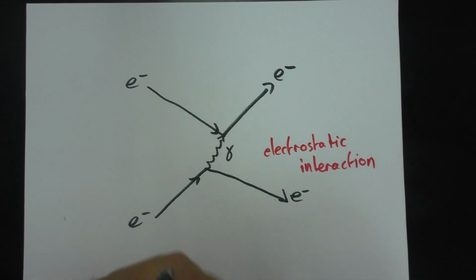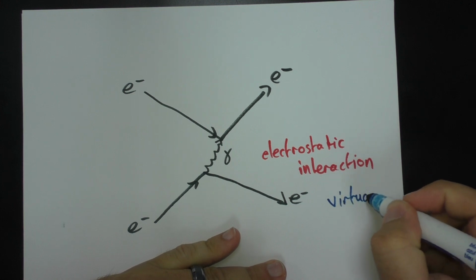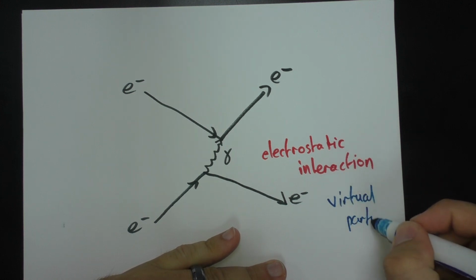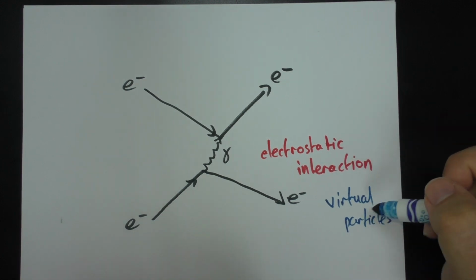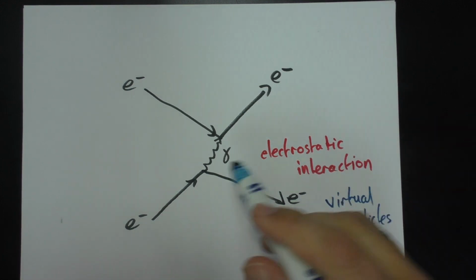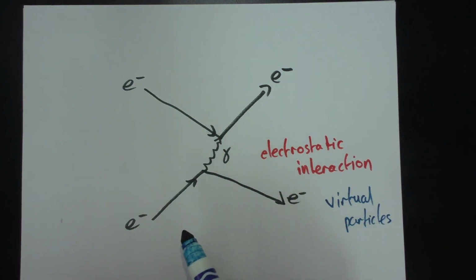Now, one thing I will point out about exchange particles is they're also usually called virtual particles. Mostly because we don't really observe them taking place. We can't see an electron and another electron and they go boom, we see a photon of light being exchanged between them.